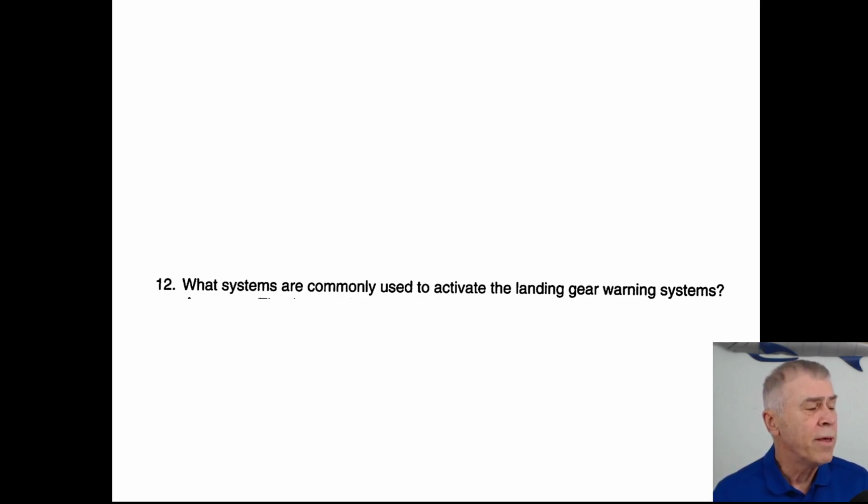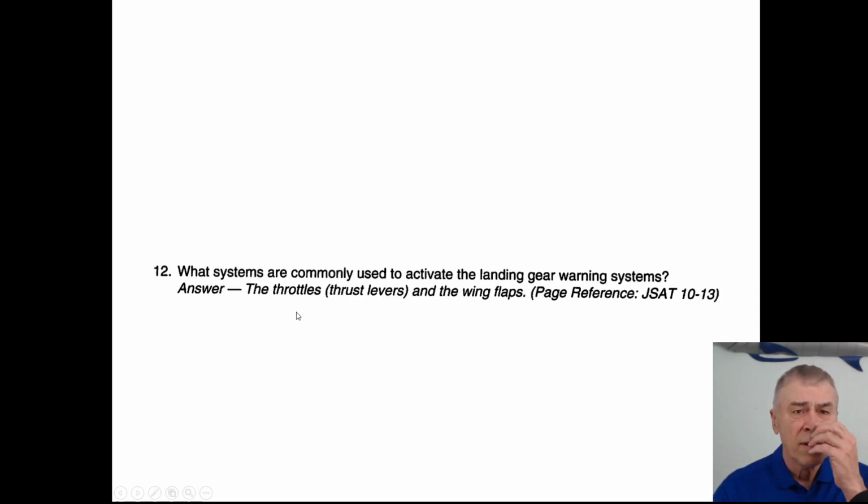I don't believe any of the other flight surfaces, like ailerons, rudder, or elevator. So I'm going to go with just the three I already listed: the throttles and the wing flaps. All right, the landing gear also.